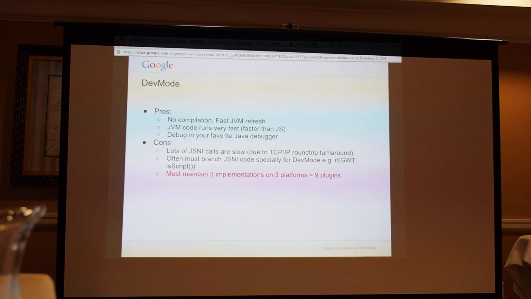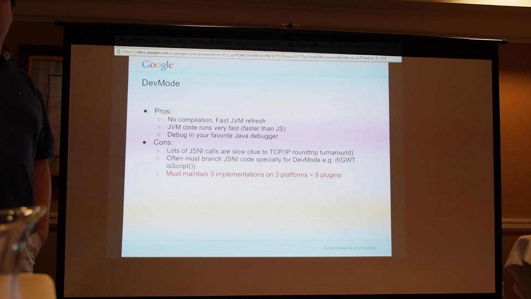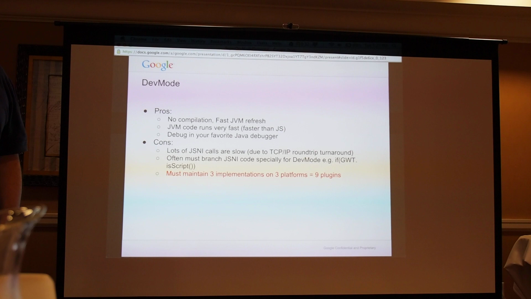Here are the downsides though. Because we're using TCP/IP to set up a communications channel between the JVM and the browser, if you have lots and lots of calls back and forth between the browser and the GWT code, it can get really slow. As an example, let's say you create a native JavaScript array, and you want to fill it with 10,000 or 100,000 elements. So you do a loop for i = 0 to 100,000, and you call array.push, and you push a value into it.